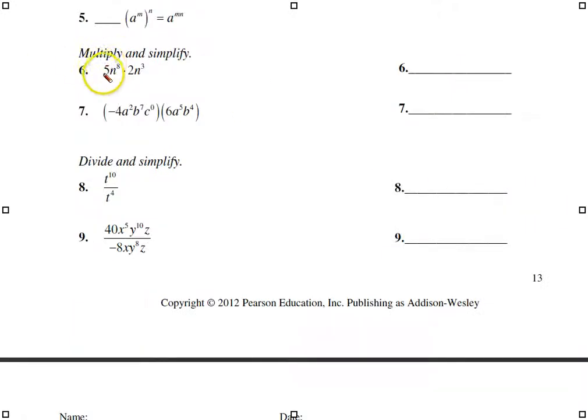So here we're multiplying the 5 times 2. That will give us a 10. Then we're going to add the variables. We will be adding the exponents on the variable. Here we're going to multiply, watching the signs carefully.